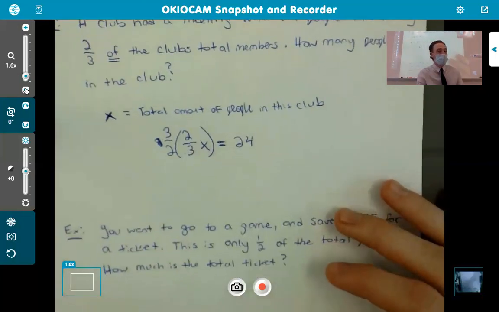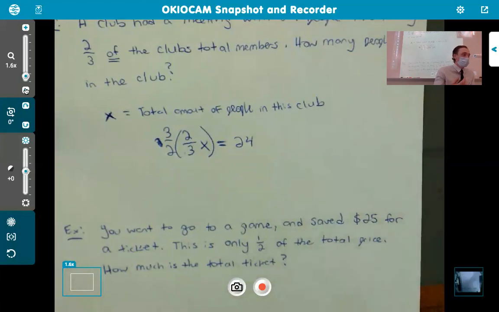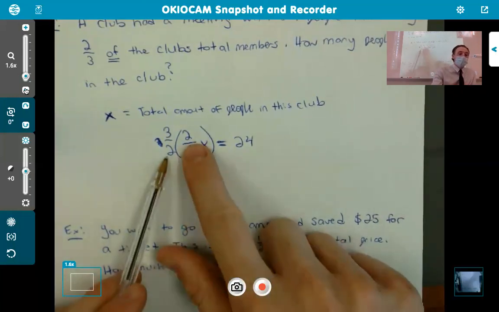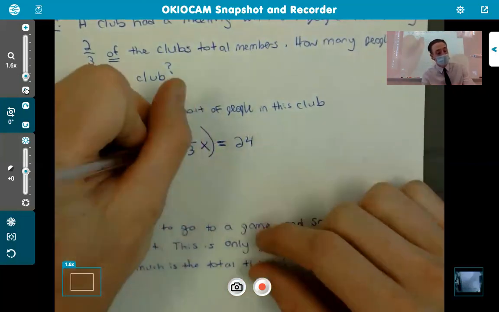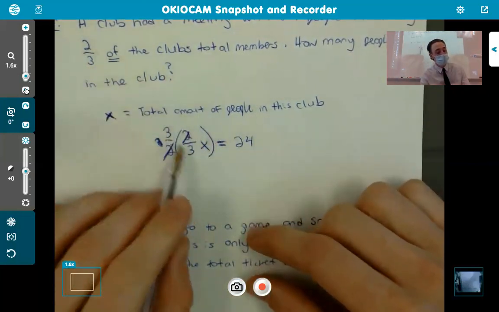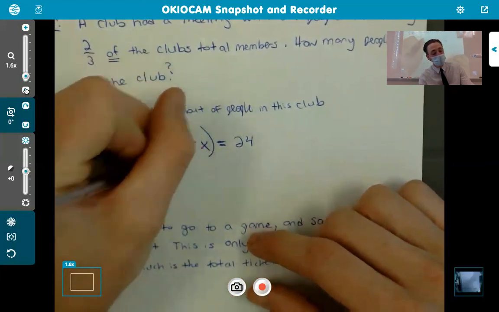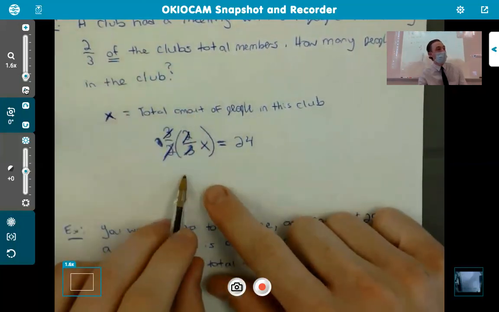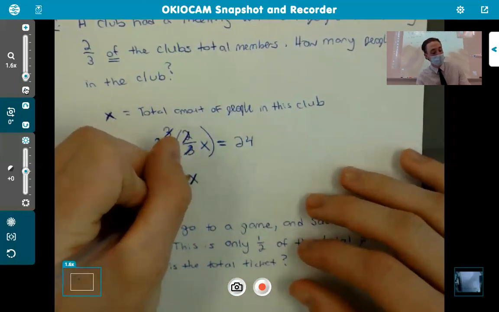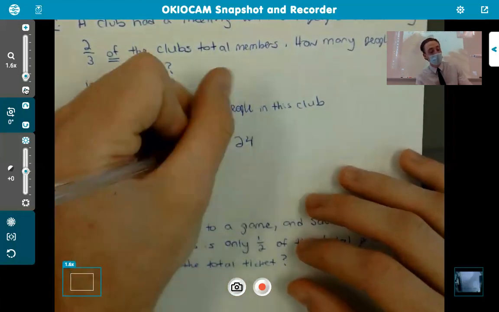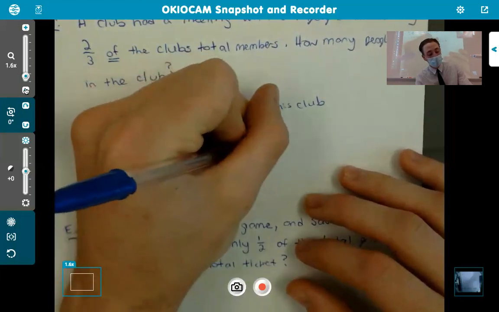The reason we do that is, this 2 and this 2, what's going to happen with the 2's? They're going to cancel. What happens with the 3's? And what's left over, just on this side, is just the x. Whatever I do to one side, I have to do to the other.